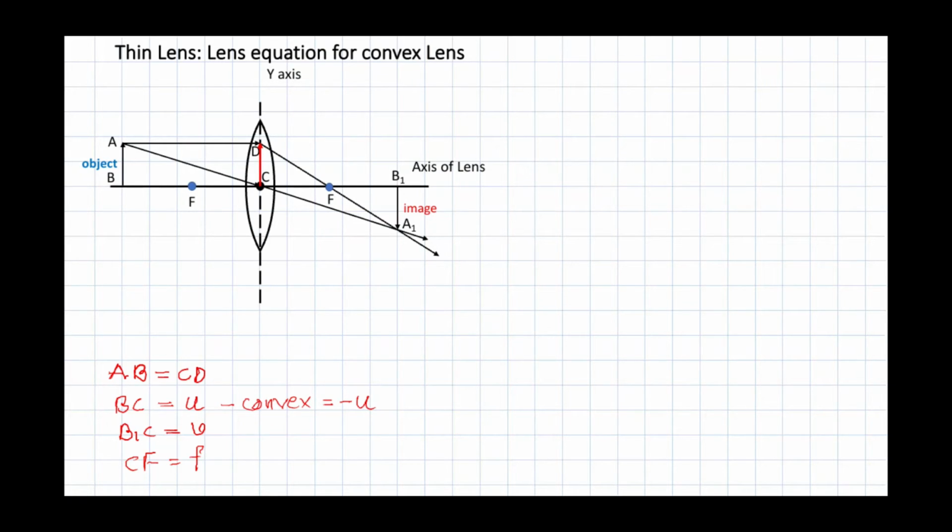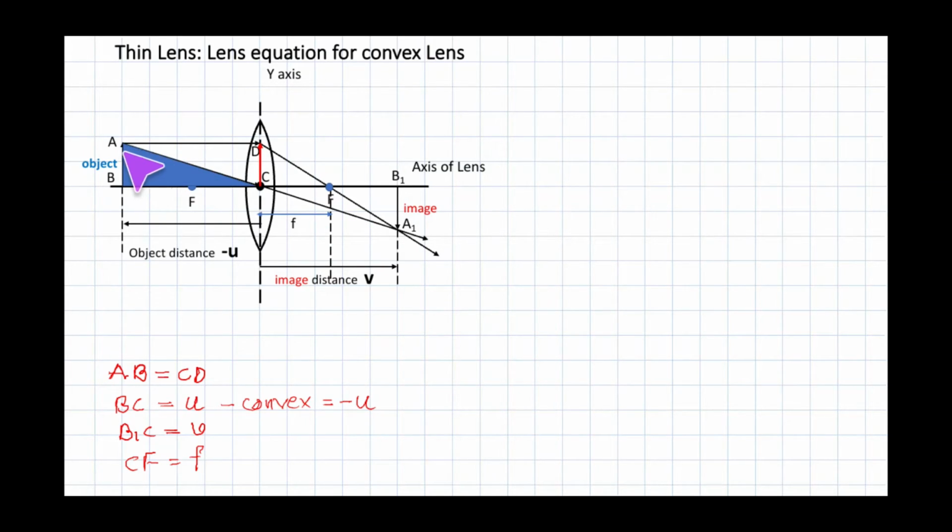Now from the figure we are trying to understand and prove what the lens equation is. Now see here, if you see the optical axis, you get the triangle ABC. The similar isosceles triangle is another, that is CB1A1. So here this is image distance v, this is object distance minus u, and this is focal length.